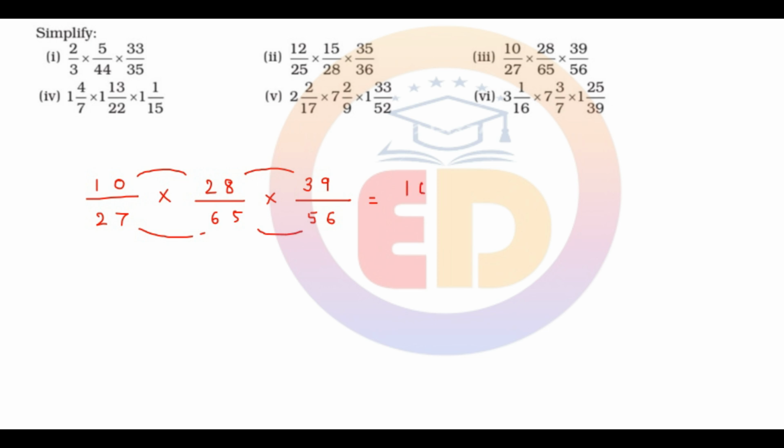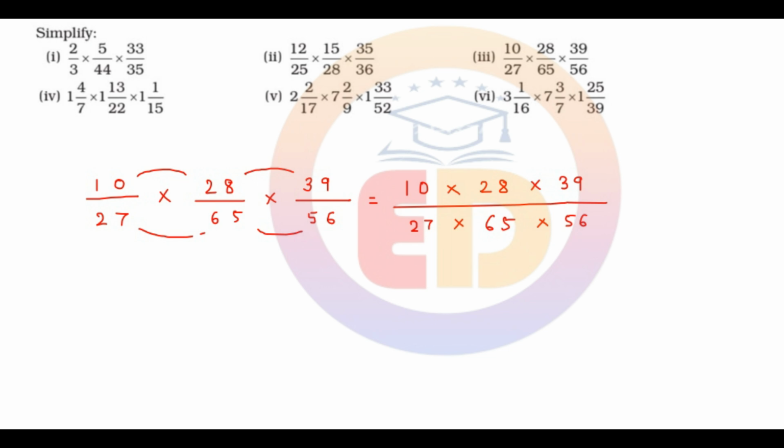It will be 10 multiplied by 28 multiplied by 39 upon 27 multiplied by 65 multiplied by 56.